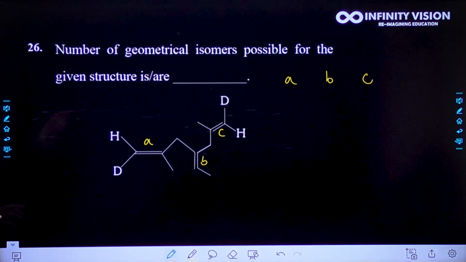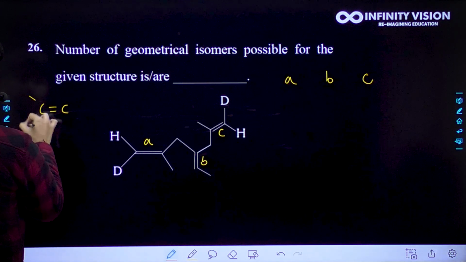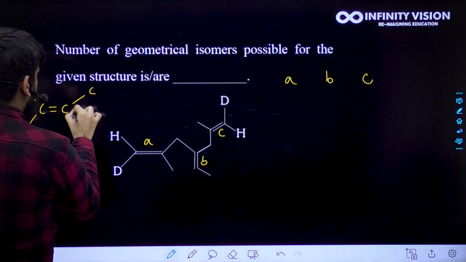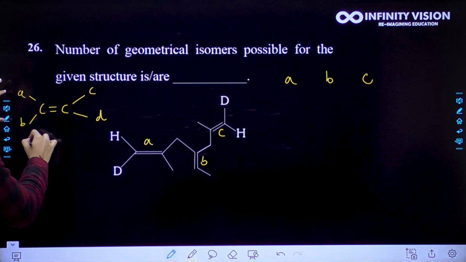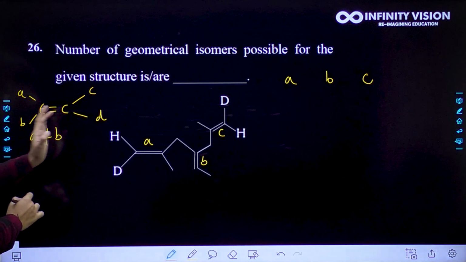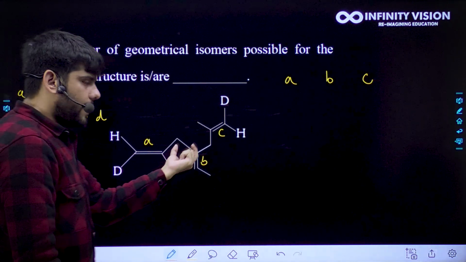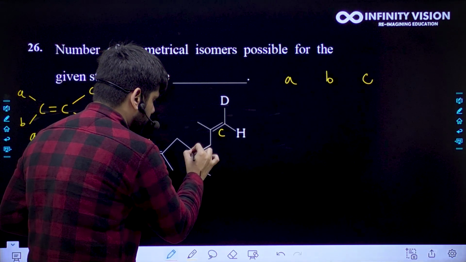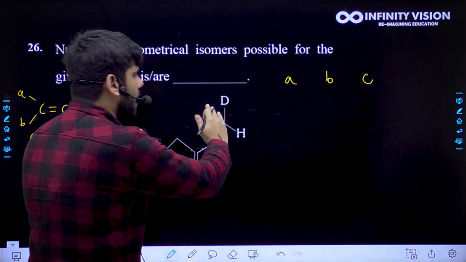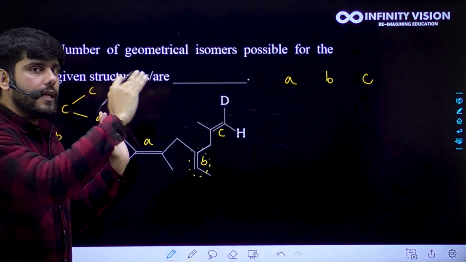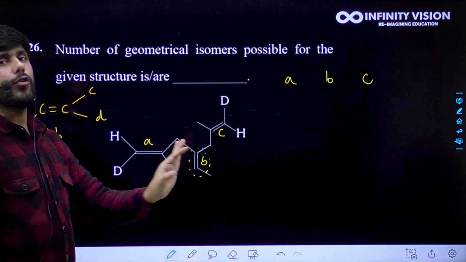Now we know in order to exhibit geometrical isomers, suppose we have the alkene of this type, A, B, and we have C and D, then in order to exhibit GI, A and B should not be equal, and the same goes for C and D. Now here, if we see the middle alkene, if these two alkenes are both E or both Z, then the middle alkene will not exhibit GI.